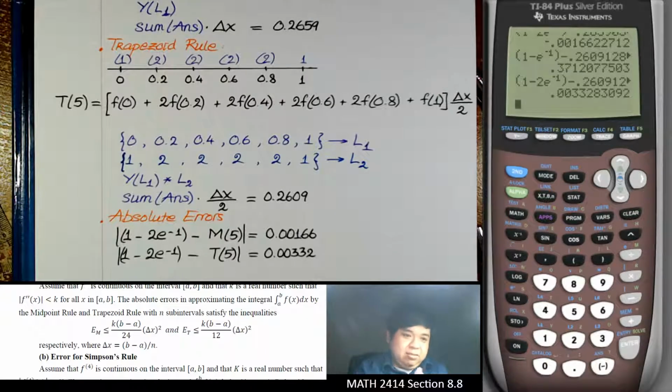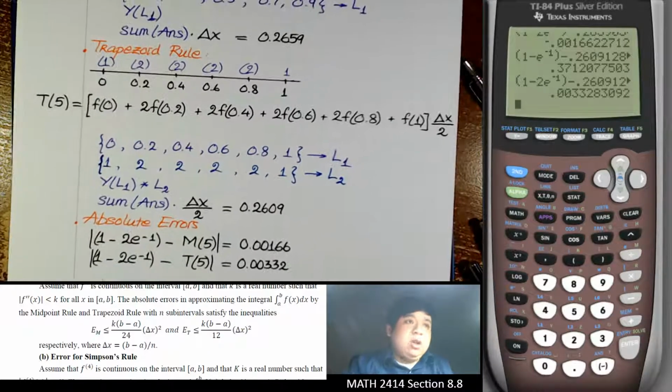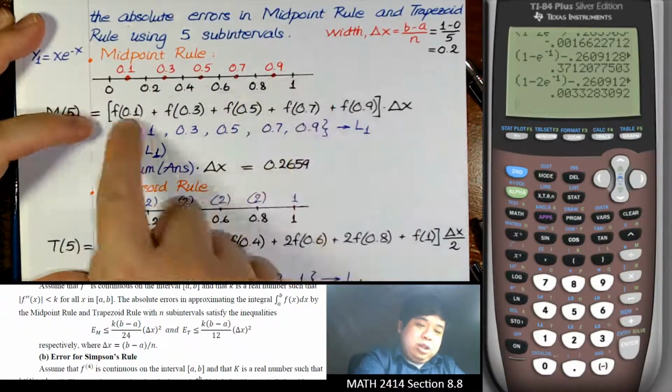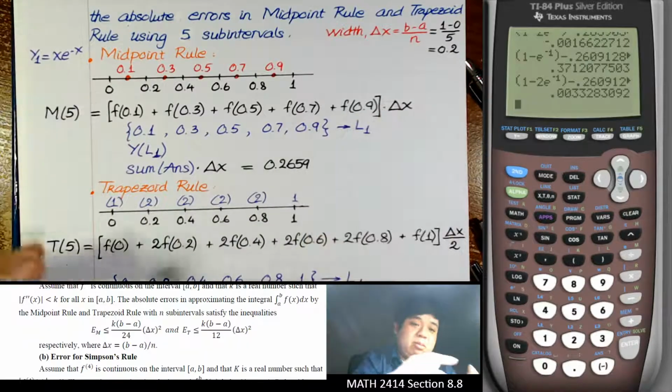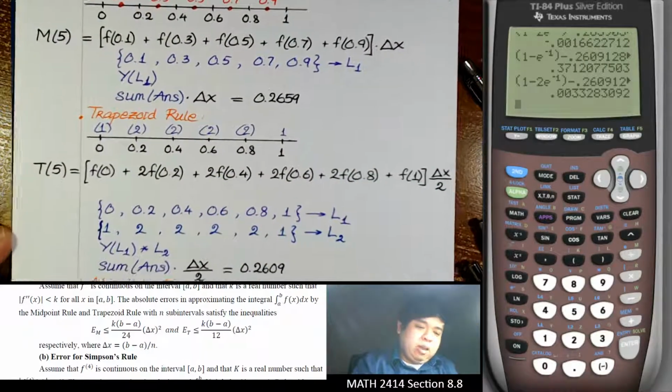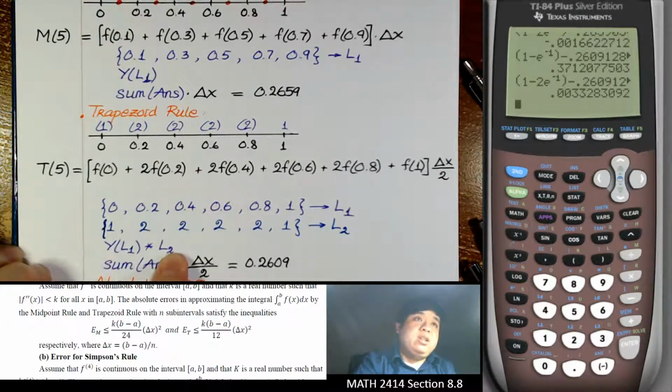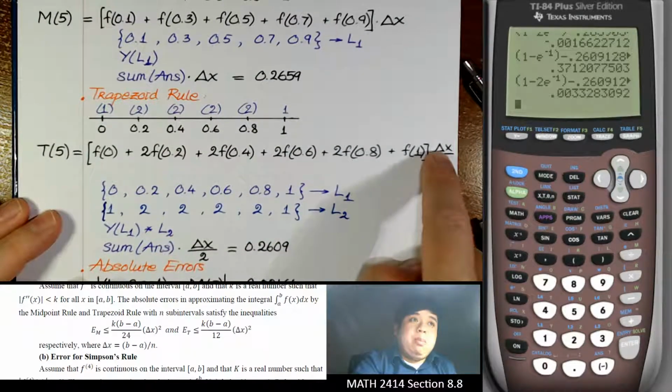But it doesn't really matter. Right, so just draw a line and then choose what point we use, evaluate the function, add them up, multiply by the width. Trapezoid is kind of the same thing, but we have to multiply by the coefficients and then multiply by delta x over 2.